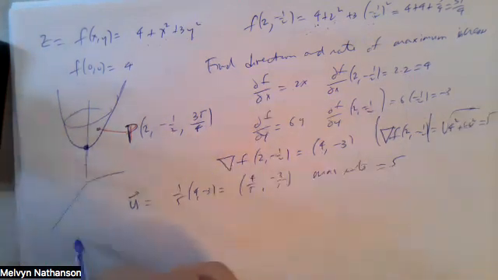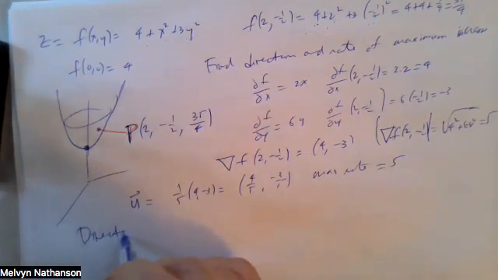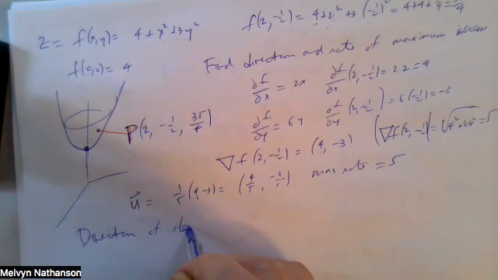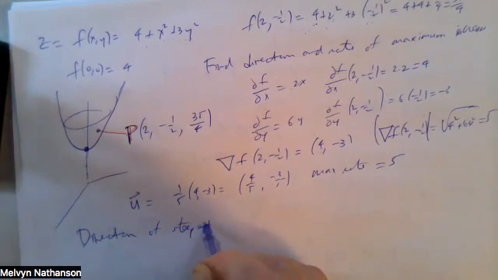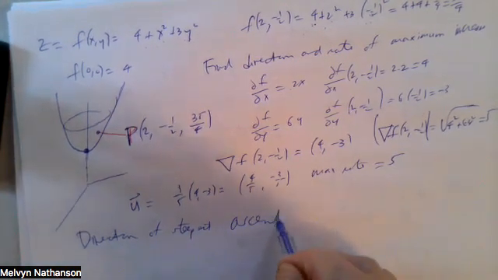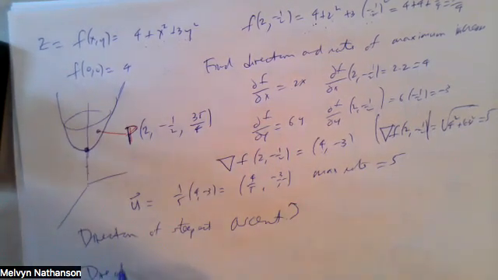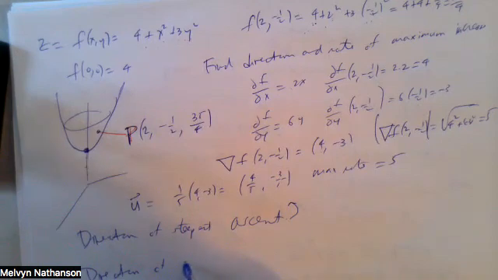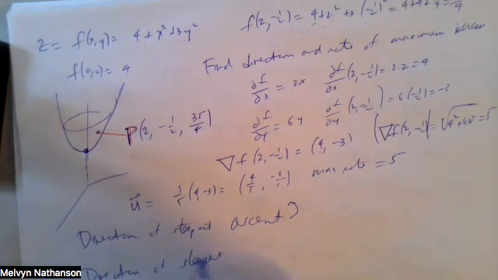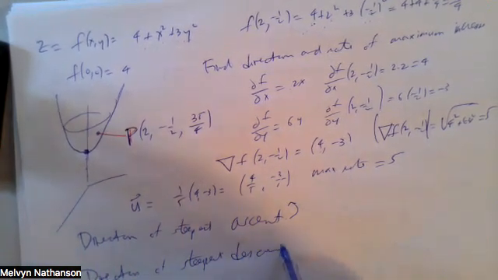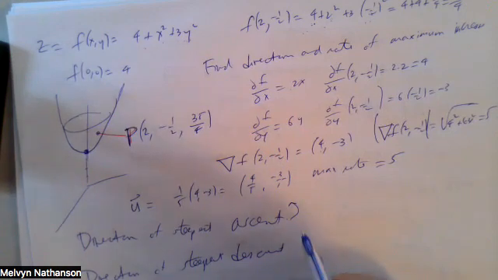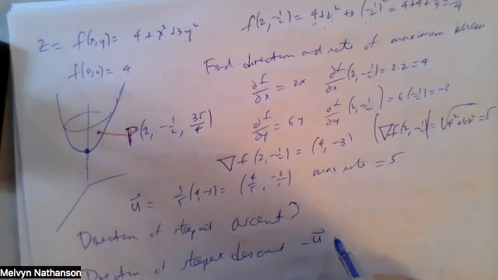So this is the direction of steepest ascent, going up. The direction of steepest descent is the negative of this, minus u.